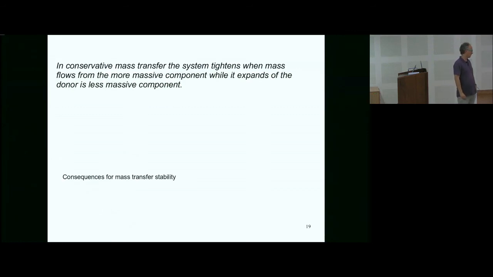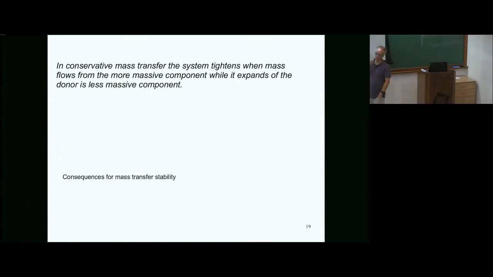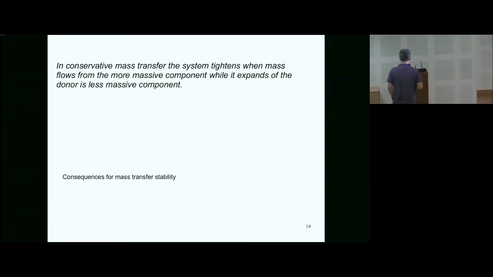For the non-conservative mass transfer, when we lose some mass from the system and some angular momentum from the system, this is in general also true. So for most cases, this is true unless we assume extreme values for the mass loss or for the angular momentum loss from the system.